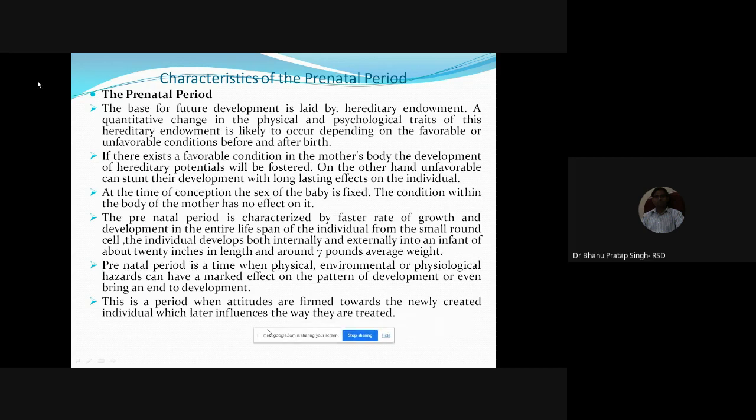Prenatal period is a time where activity, environment, and even heredity play a very important role in the further development of the child.